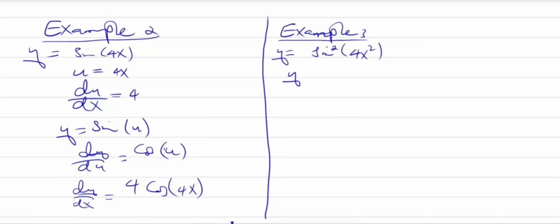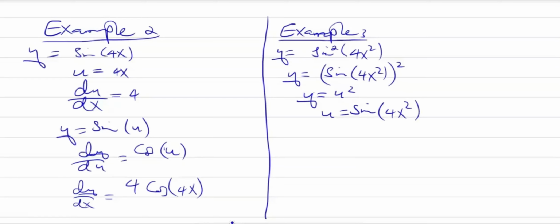So y equals sine, and I put a bracket around the whole thing. Everything inside, I have to differentiate twice. So if I say y equals u squared, and u is sine 4x squared, I still have to use the chain rule, so that means I have to use the chain rule twice.